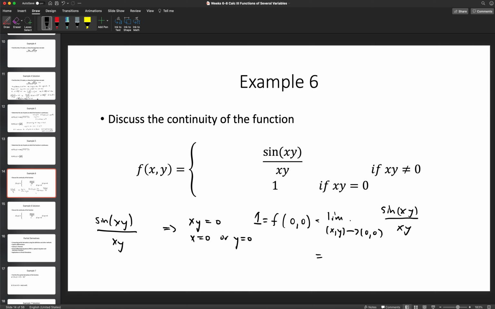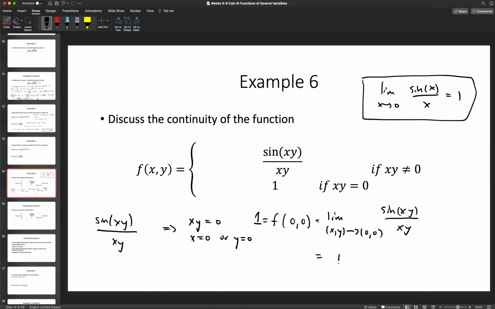Now this should remind you of something that you learned in Calculus 1, namely that the limit as x approaches 0 of sine of x over x is 1. This is basically the same concept here. So we can use this limit to say that this limit is just 1.